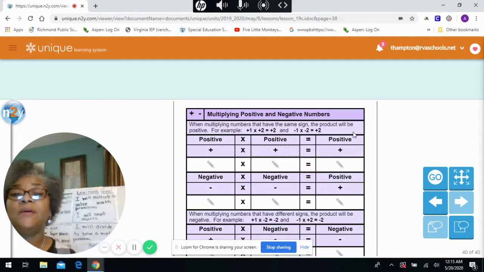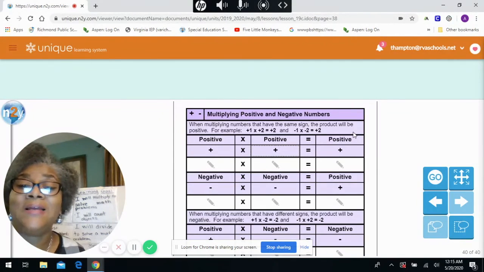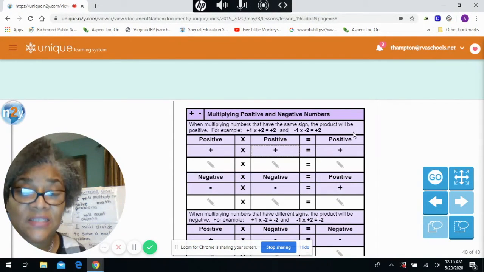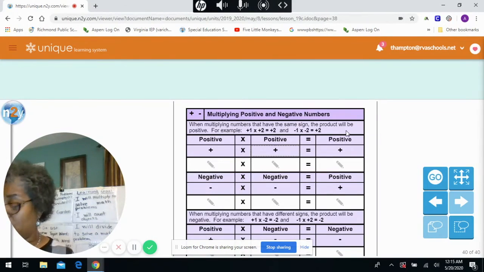When we're multiplying numbers that have the same sign, the product is positive. You see our example there: positive 1 times positive 2 equals positive 2, and negative 1 times negative 2 equals positive 2. So if they're the same, it will be positive.